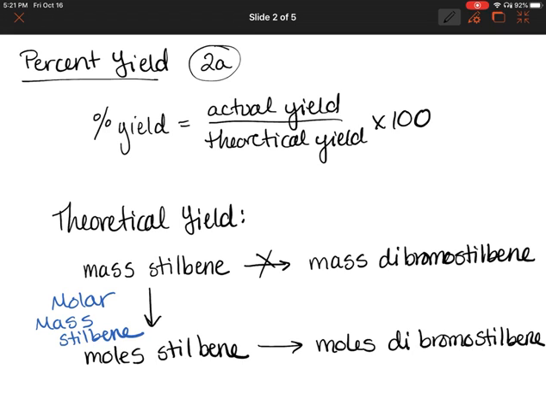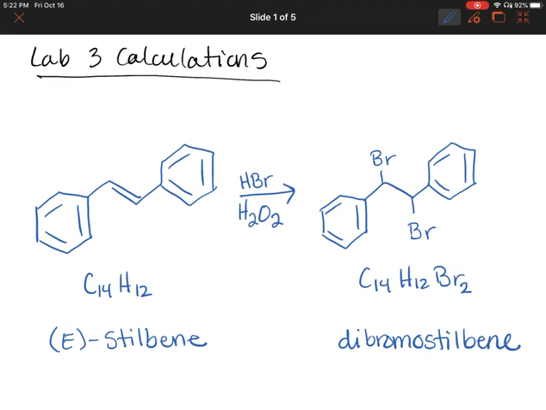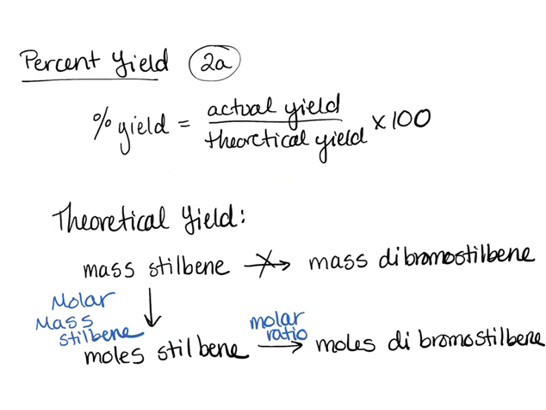And how can we convert from moles of reactant to moles of product? The molar ratios. Or another way to put that is the coefficients in your chemical equation. So if we go back to our chemical equation, what is the ratio between stilbene and dibromostilbene? 1 to 1. So that's super easy. However many moles of stilbene we have will equal the moles of dibromostilbene that we expect to form.